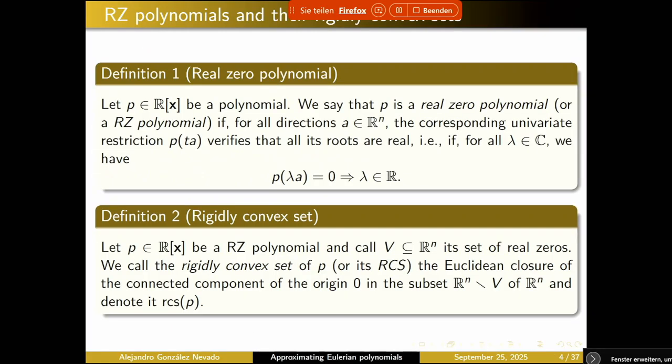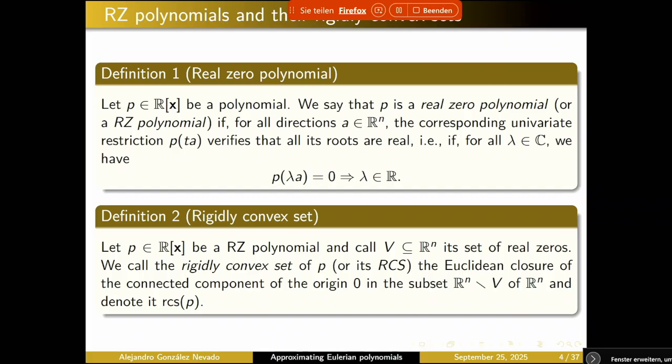So the object that interests us here are real zero polynomials. How many people know what is a real zero polynomial here? Okay, so not many. These are very important polynomials. In one variable, a real zero polynomial is a real rooted polynomial. This is a generalization to several variables. When you take something multivariate, you look at each line, and you take restrictions in every line, and all the roots of these restrictions have to be real.